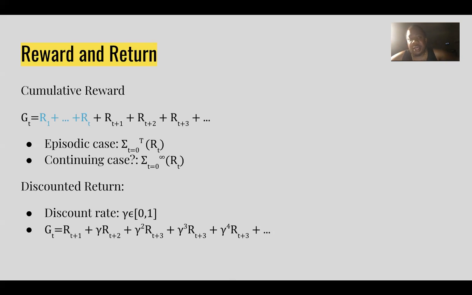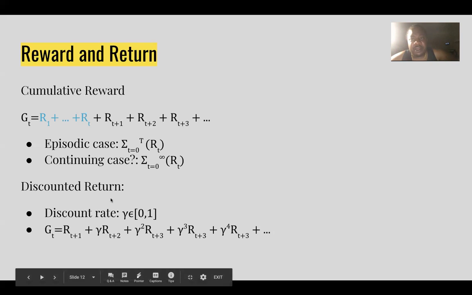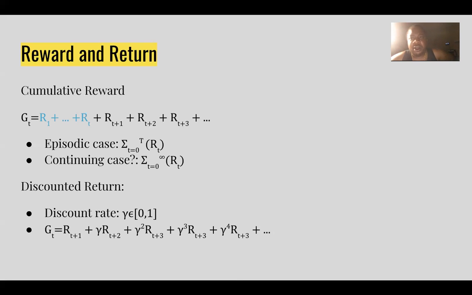However, by applying a discount rate that is not 1, we are guaranteed to converge in the limit. So even if this is an infinite sum, we still can figure out a scalar value from the sum because it converges.